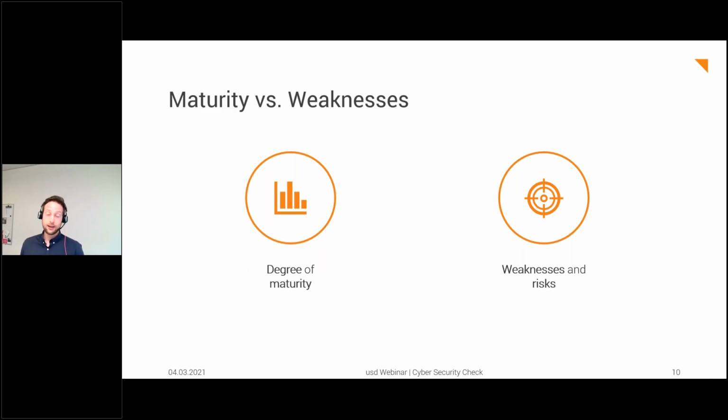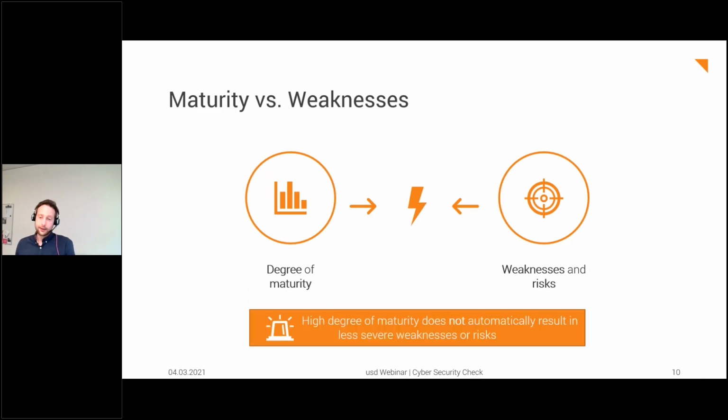You can be set up quite well, but one single system out there, which is using a Windows end of life 2018 version or something like that, that is a weakness. While maybe you have 2000 Windows systems that are patched and are running a modern version of Windows, at the end of the day, a high degree of maturity does not automatically result in less severe weaknesses or risks.